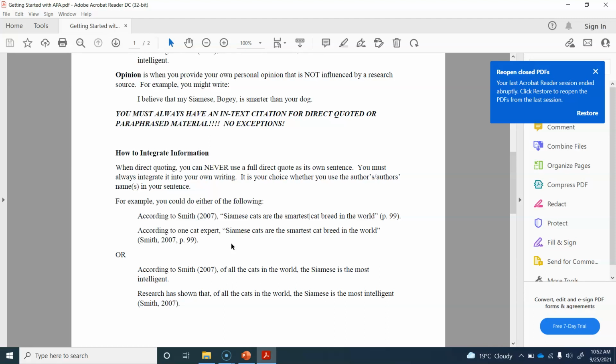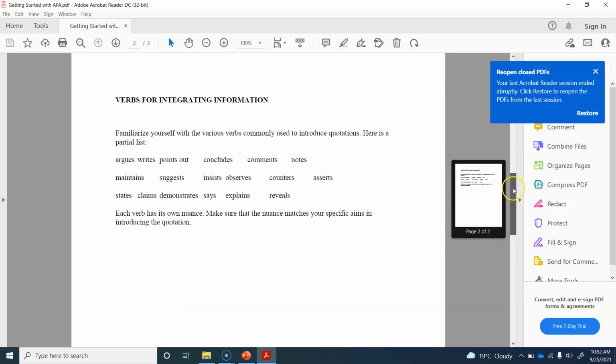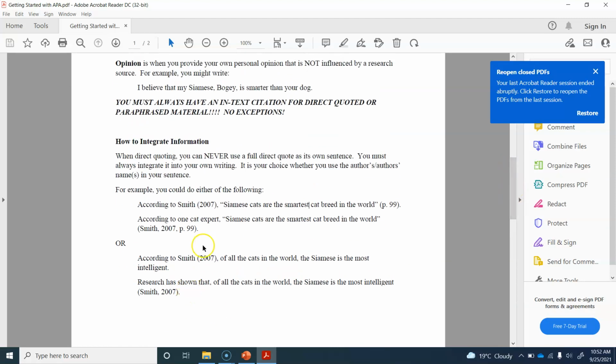Okay, this is going to become important as we go into APA in-text citations. If I'm paraphrasing, I'm going to do the same thing. So I'm going to either include the author's name in my sentence, or I'm going to write a wholly original sentence that doesn't reference the author.